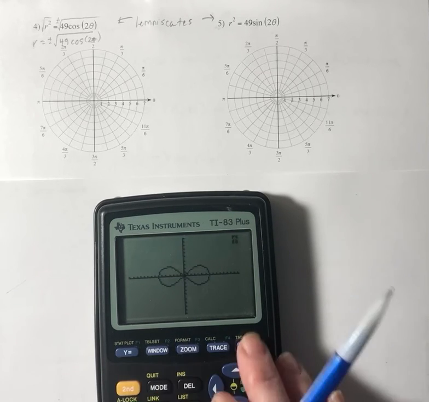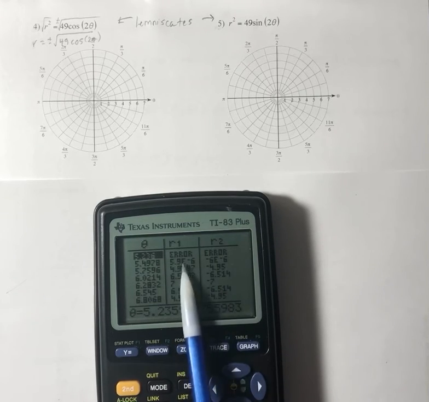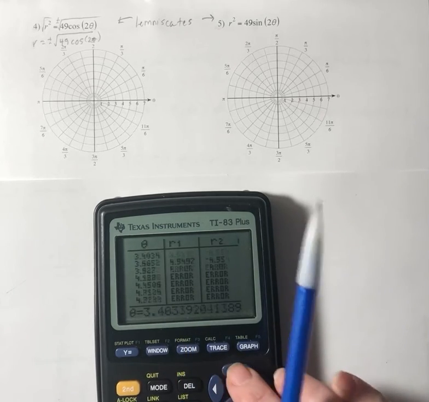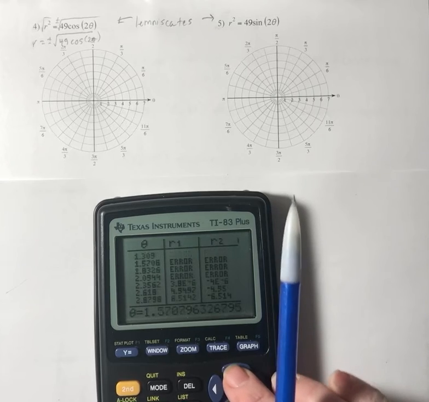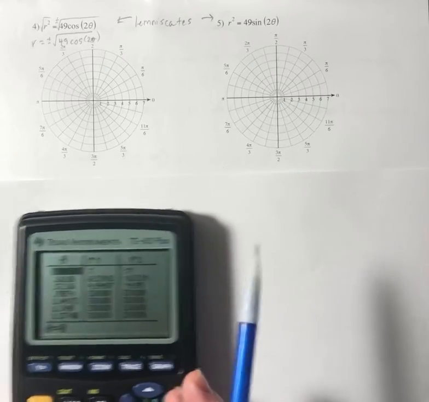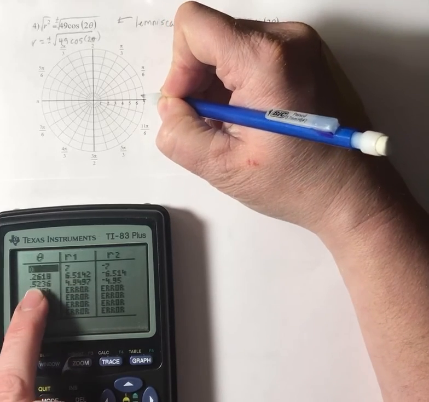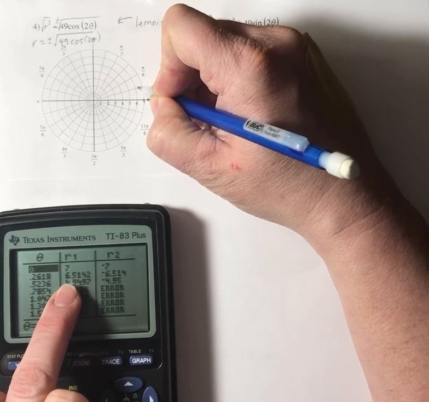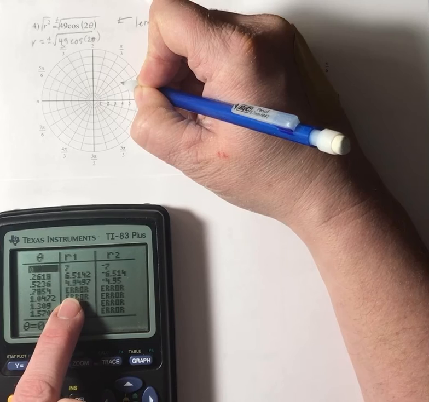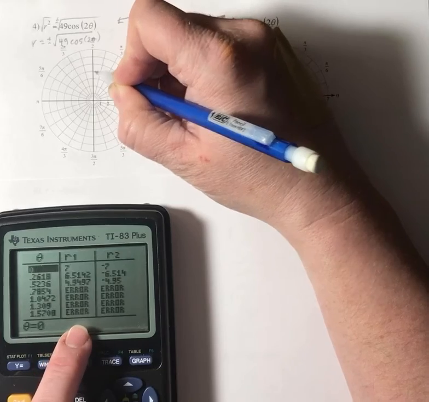So the difference here, if I go to my table, I'm going to have both of them, r1 and r2. This was my positive one. This was my negative one. I'm going to go to my positive one, my r1, and plot as many of those points as I can, just to create a framework. So I have 0, 7. Pi 12ths is at 6.5. Pi 6 is at 4.9. Then I have an error, an error, an error. Pi halves, I still have an error.